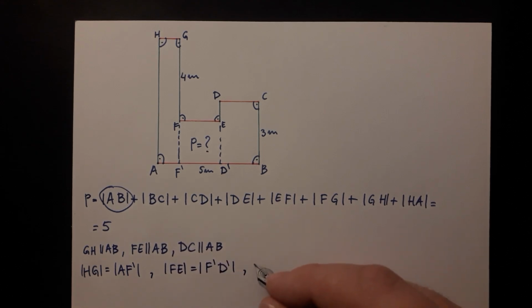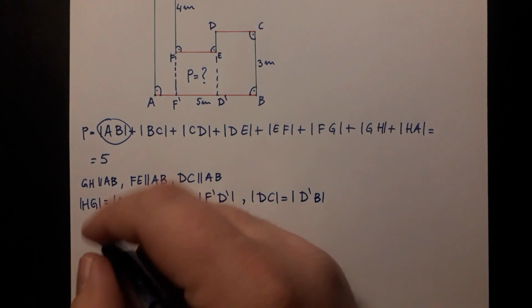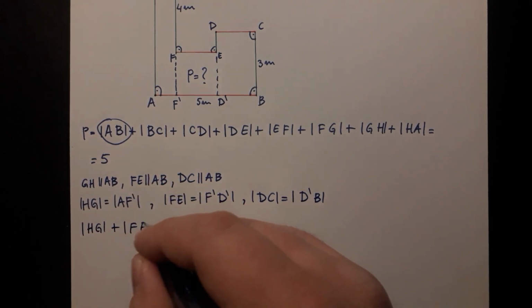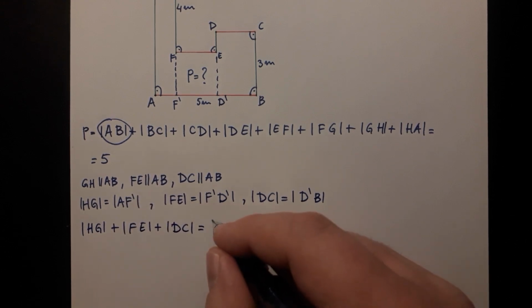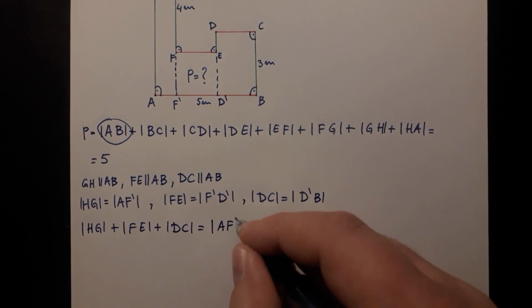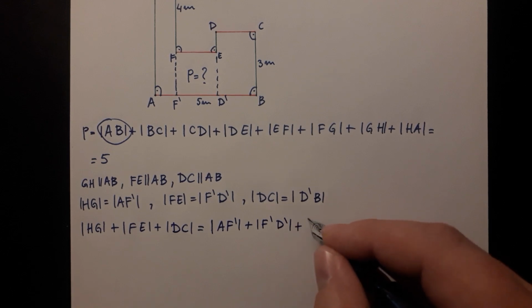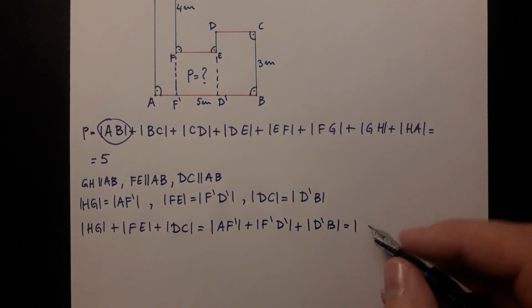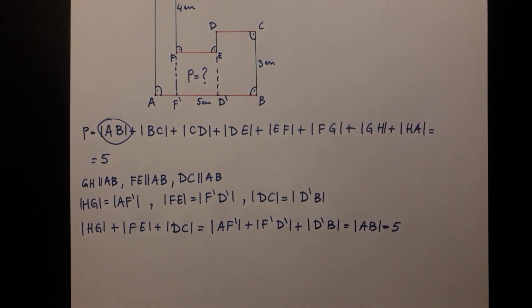And we also know that DC has the same length as D prime B. So HG plus FE plus the length of DC is going to be equal to the length of AF prime plus the length of F prime D prime plus the length of D prime B. And that is equal to the length of side AB, which we know to be equal to 5.